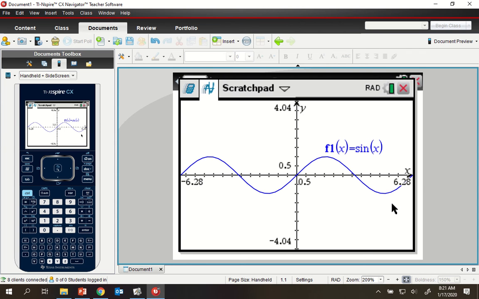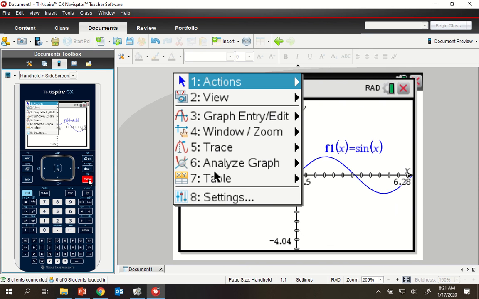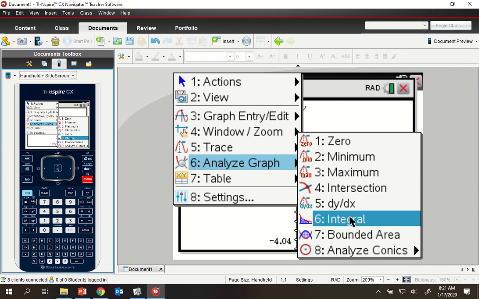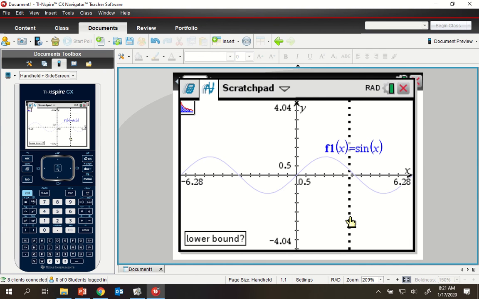Now, again, these calculators are super smart. So watch this. Menu. I'm going to analyze the graph. And we're doing an integral now. Right? Antiderivative is the integral. Lower bound. Okay, so yes, it gives you a little dotted line to actually move, but we have real values.